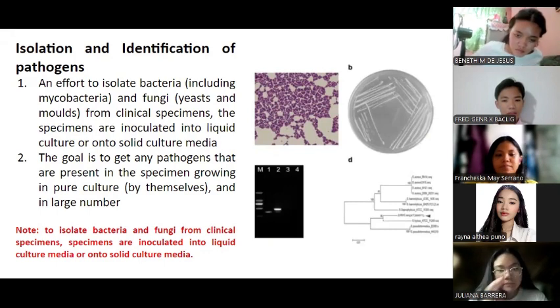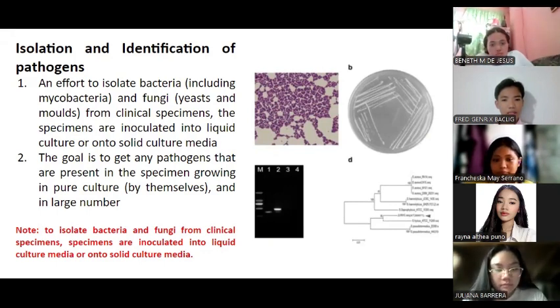So for the process, it should be inoculation, and then we need to grow it in a pure culture. Number two, the goal is to get any pathogens that are present in the specimen growing in pure culture by themselves and in larger number. So once the pathogen is successfully isolated and grown in large number in pure culture, the next step is to identify.